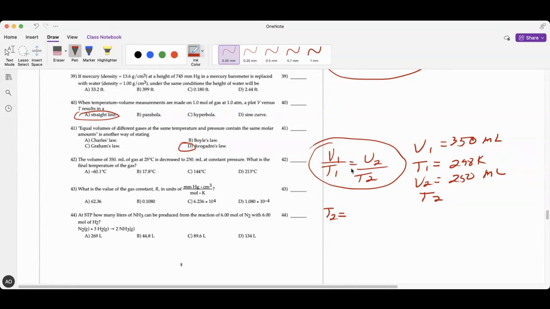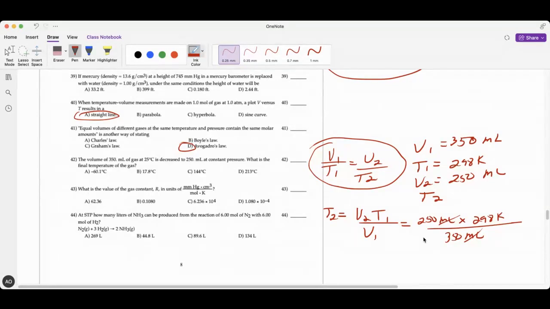But I'm just going to do it this way. T2 is going to be equal to V2 T1 over V1. And then you just plug everything in. So V2 is 250 milliliters, T1 is 298 Kelvin, and V1 is 350 milliliters. So milliliters cancel, and we are left with Kelvin.